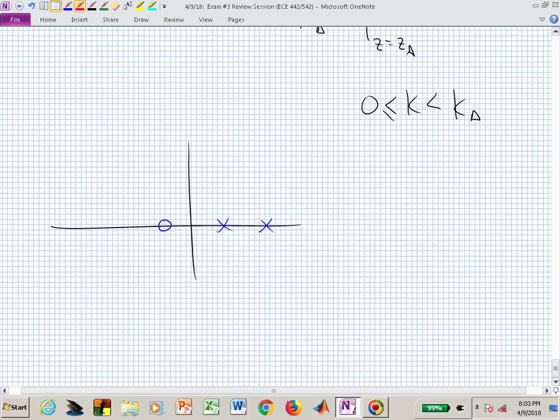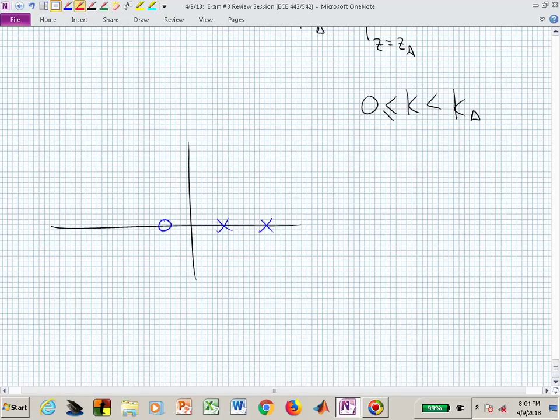How many real line segments do I have? 4. How many of those are a part of the root locus? I hear a 2, okay. Which real line segments belong to the root locus?